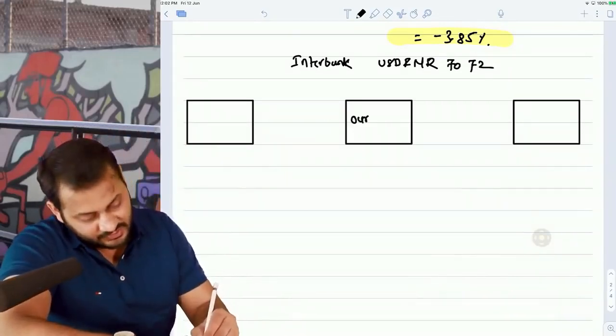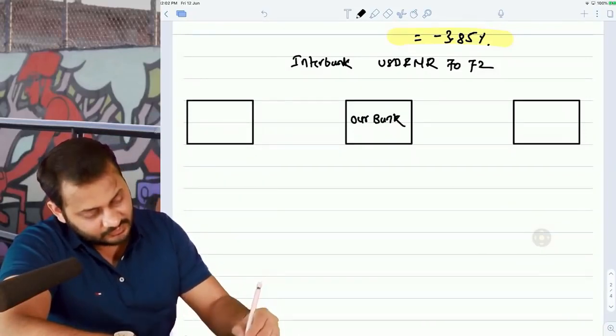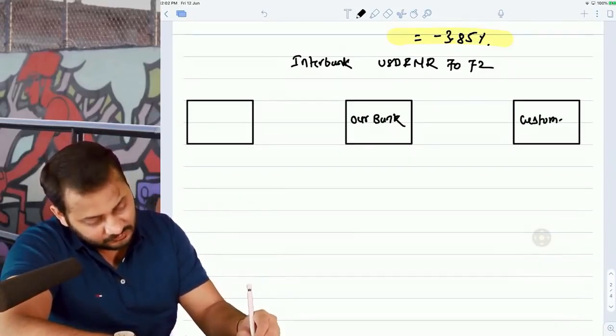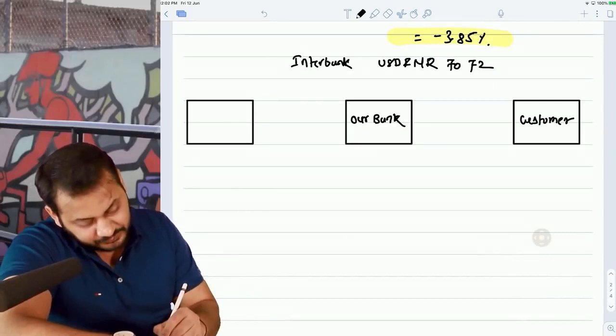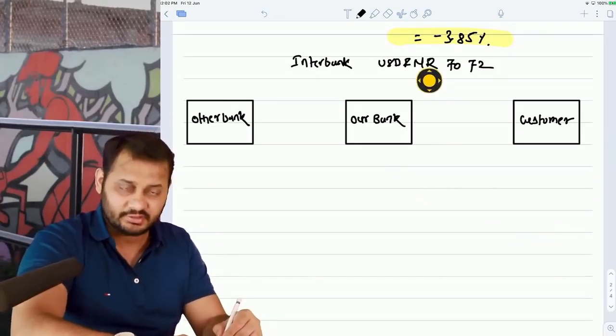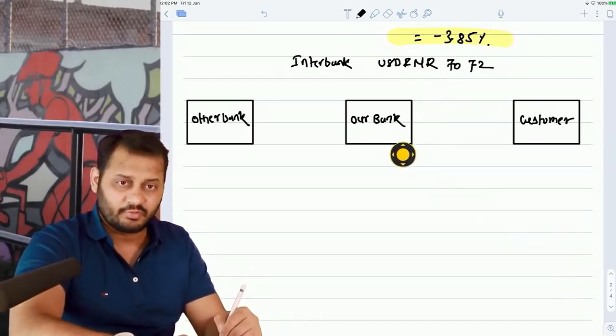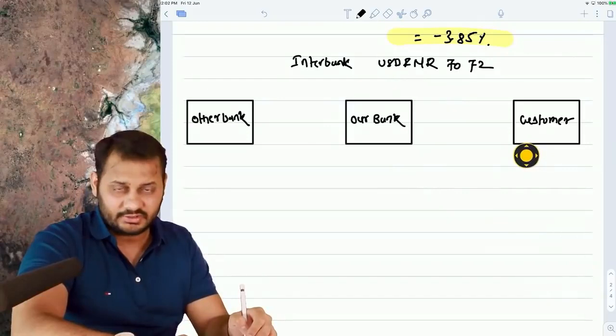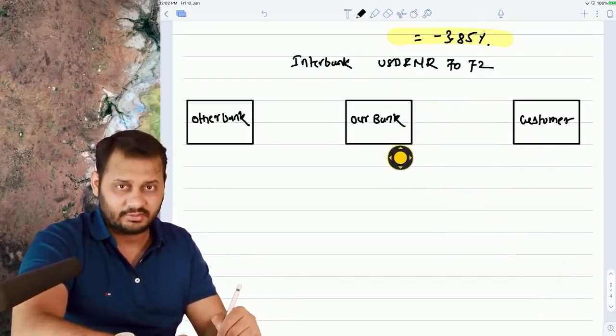This is our bank, this is the customer, and this is the other bank. I already told you in the beginning that if you have to interpret this rate while applying it to the customer, then think from our bank's angle.